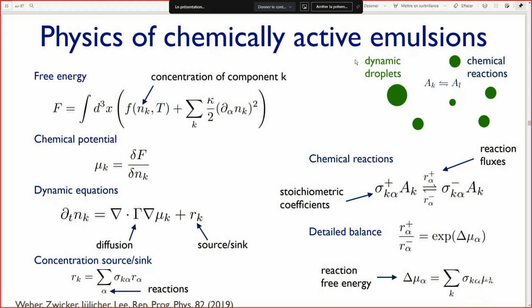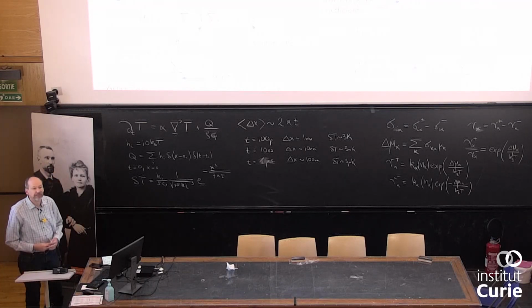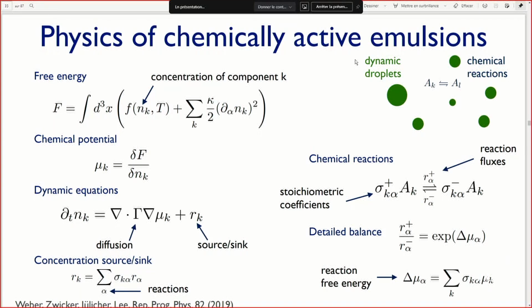And this is related to diffusion coefficients, but it's not the same as the diffusion coefficient, because you first have to put in how the chemical potential depends on concentration, and then you will see that there are second derivatives of concentration, and then you can identify diffusion coefficients. So it's not a diffusion coefficient the way it's written. But the matrix of gammas defines the matrix of diffusion coefficients.